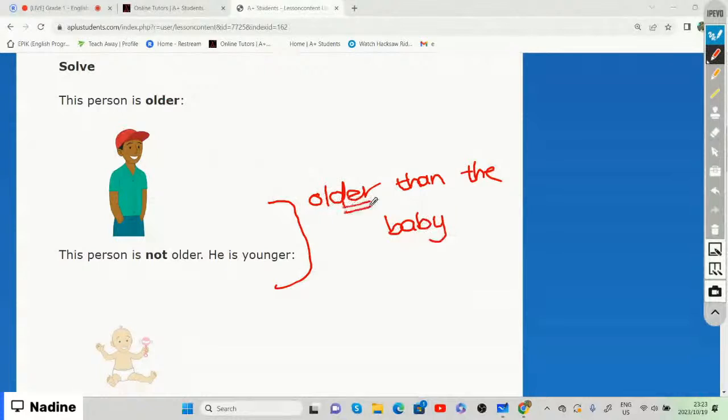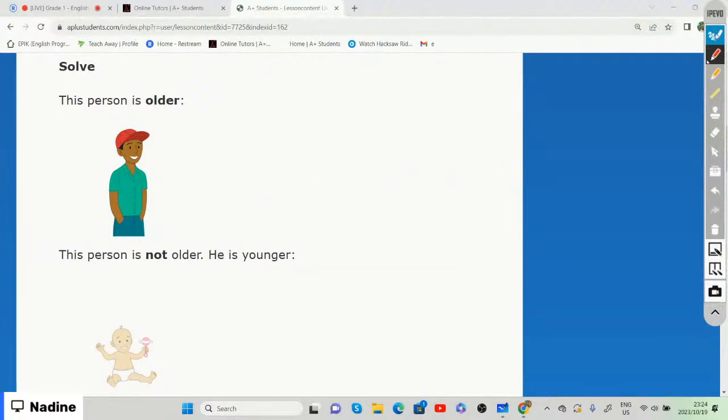There's our word older, and we added our er because we are comparing two people.